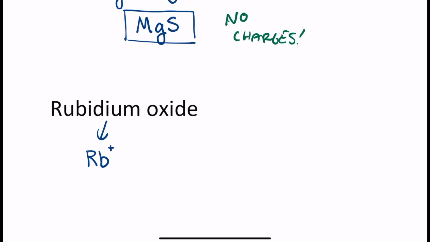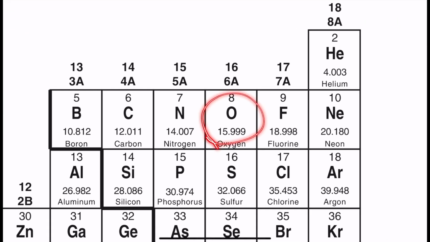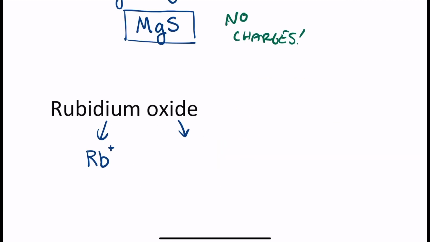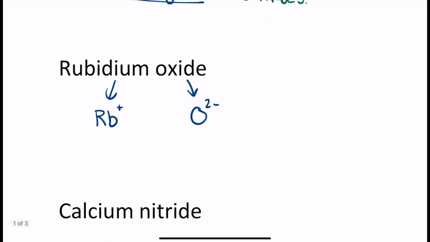And then oxide, if we look over here, oxide comes from oxygen. Oxygen, whenever it ionizes, it's in group 6A, it's going to gain 2 electrons, and then it will have a 2- charge. So oxide is O 2-. Okay, once again, I want to ask myself, what combination of these 2 ions are going to add up to 0?